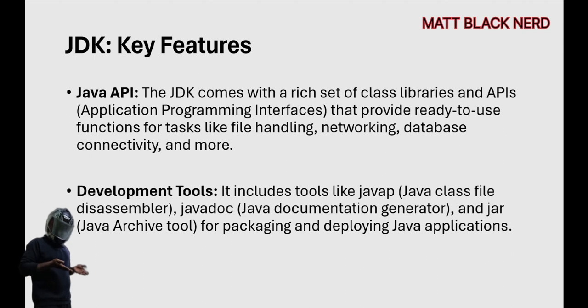Java API. The JDK comes with a rich set of class libraries and application programming interfaces, APIs, that provide ready-to-use functions for tasks like file handling, networking, database connectivity, and more. Development tools. It includes tools like javap, Java Class File Disassembler, Javadoc, Java Documentation Generator, and JAR, Java Archive Tool, for packaging and deploying Java applications.